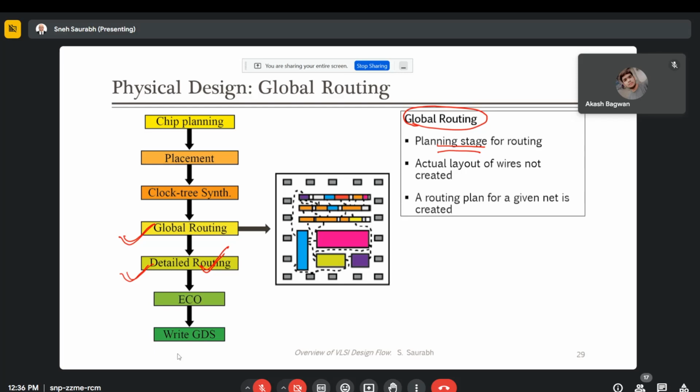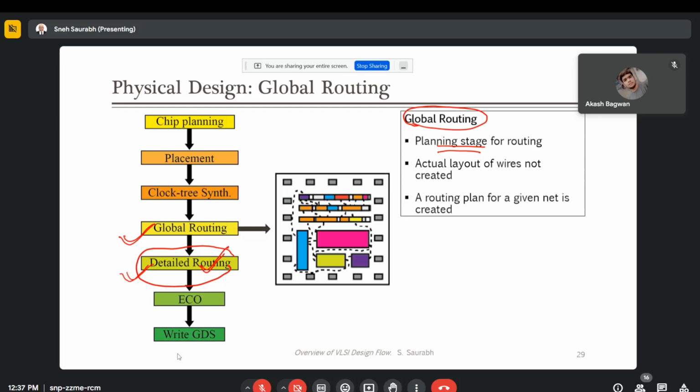So why do we do it in two steps? One of the reasons is that detailed routing is very complicated. As I said, it can take, say, 2 days to complete. Now, if in an industrial design we run a tool and after 2 days it says, sorry, I couldn't find a valid route, that will be a very unfortunate situation because your 2 days were wasted. So rather than going directly to detailed routing, we first go to the global routing stage, which can complete in a few minutes or a few hours.